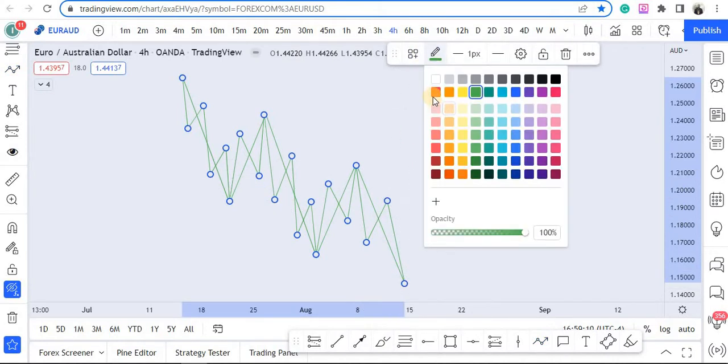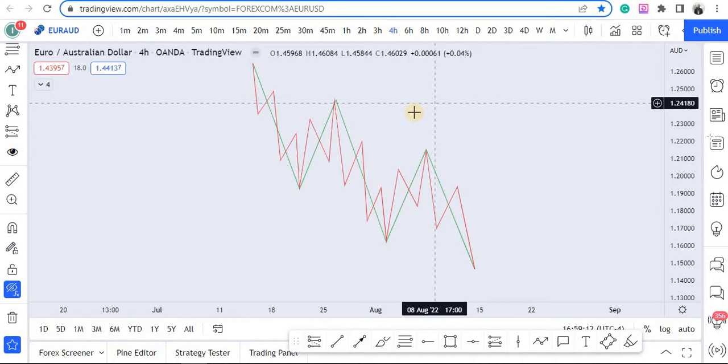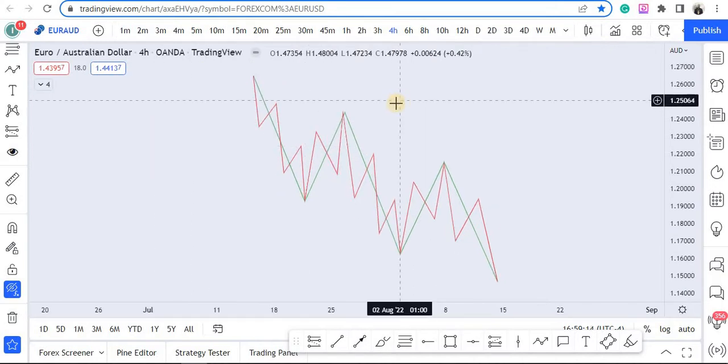Let's change this to maybe red. You can see it's quite easy.